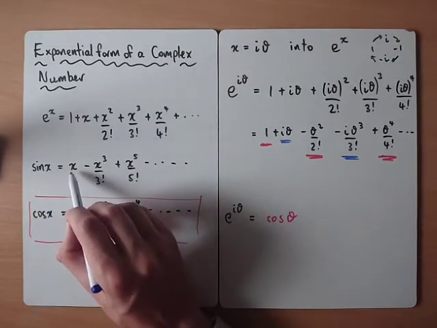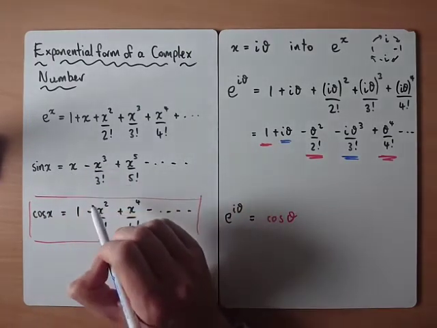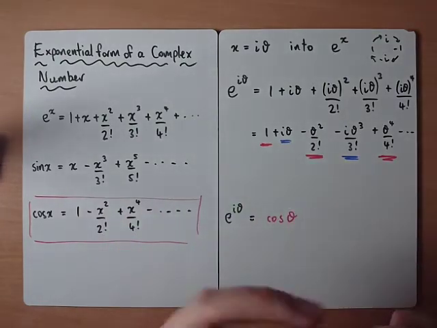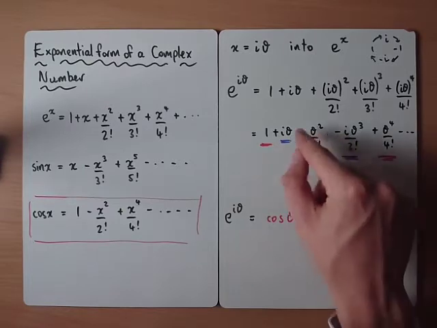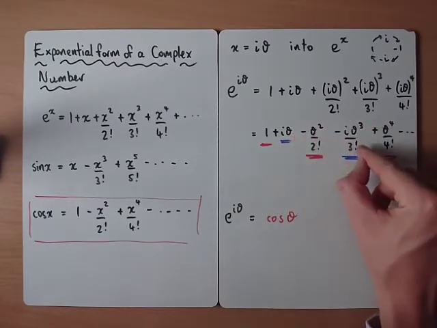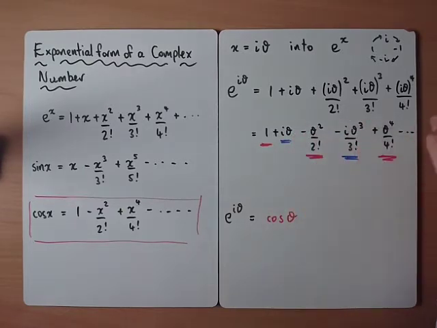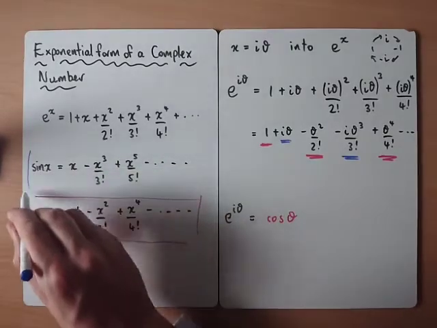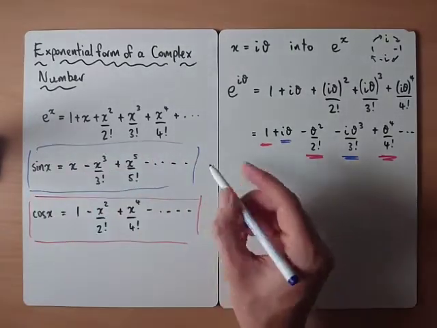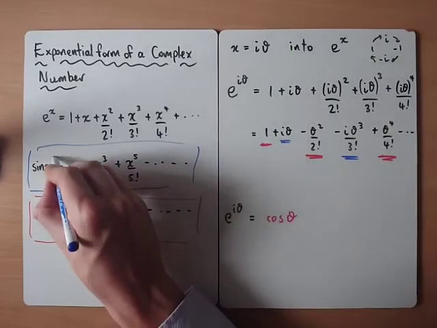Sine x is x minus x cubed over 3 factorial. So we have theta minus theta cubed over 3 factorial. The next one will be plus theta to the 5 over 5 factorial. So we've got this sine x expansion, but all the terms have been multiplied by i.